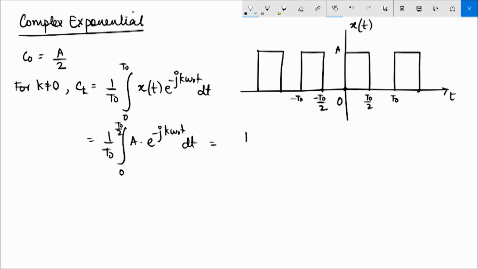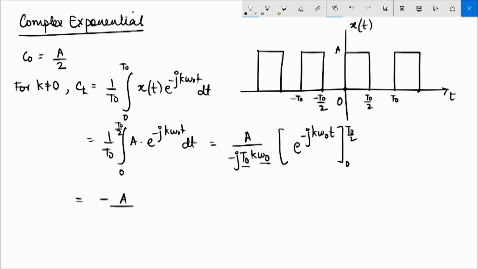This is equal to A upon minus j T naught k omega naught, e to the power minus j k omega naught t, putting the limits from 0 to T naught by 2. This is equal to minus A upon j k 2 pi, since omega naught is 2 pi by T naught.